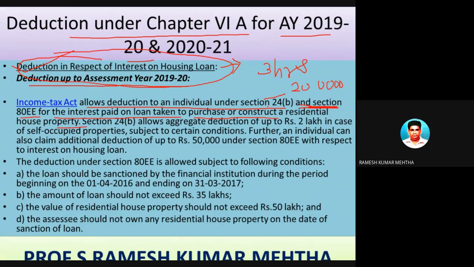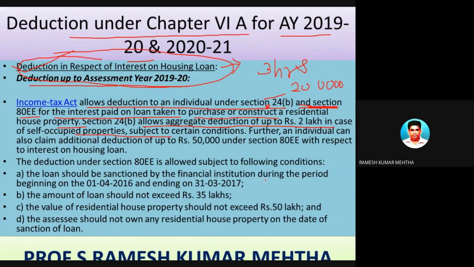Now, Section 24, what does it speak? It allows an aggregate deduction up to rupees 2 lakh in case of a self-occupied house property, whereas in case of a let-out house property, you can have a deduction up to 1.5 lakh rupees.